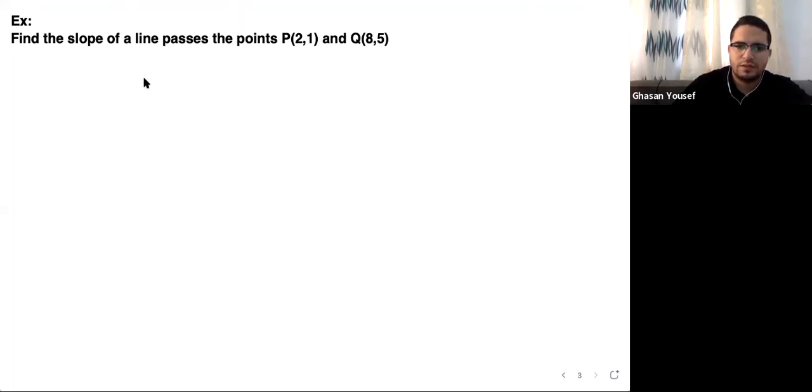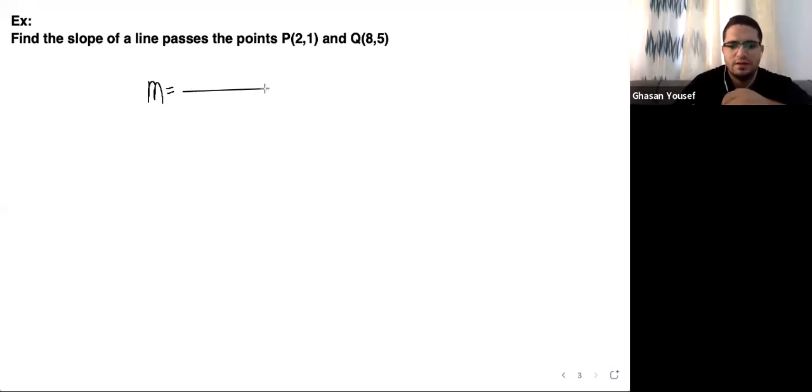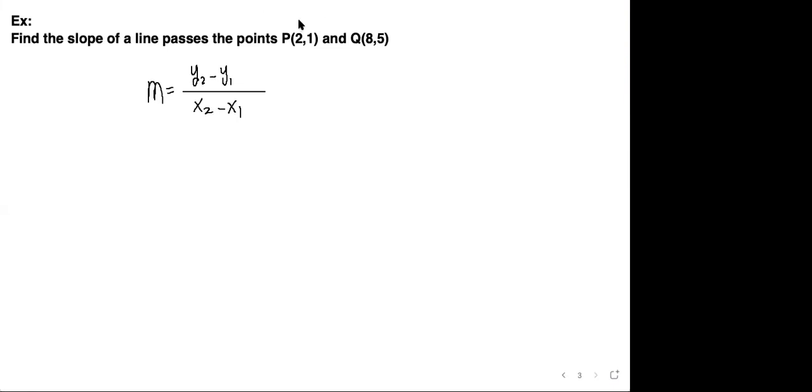What is the slope here? What's the formula for the slope? The difference of y over the difference of x. This is correct. Then you plug in the points: y2 minus y1 over x2 minus x1. First of all, what's my x1? x1 is 2.